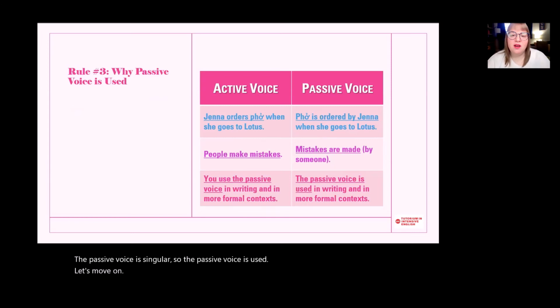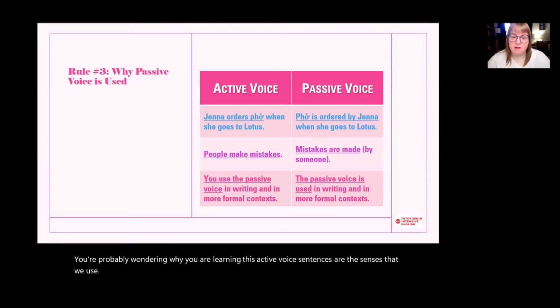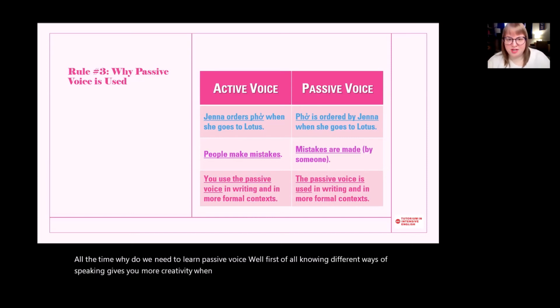So you're probably wondering why you are learning this. Active voice sentences are the sentences that we use all the time. Why do we need to learn passive voice? Well, first of all, knowing different ways of speaking gives you more creativity when you are speaking or writing, right?